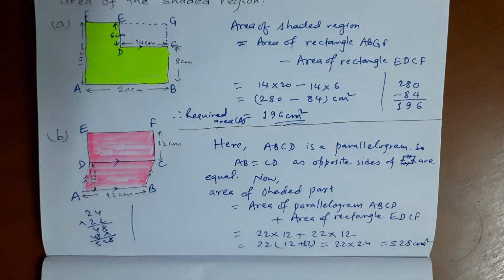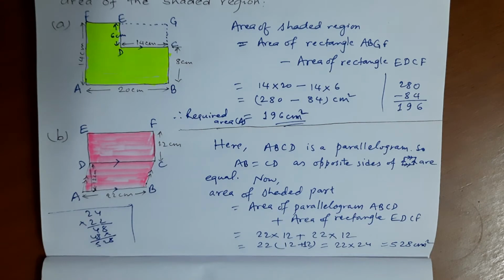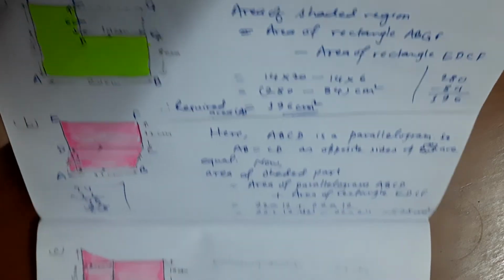That is the required area of the shaded part. This way we can easily find the area of the shaded part in this case. Now let's move to the next question.